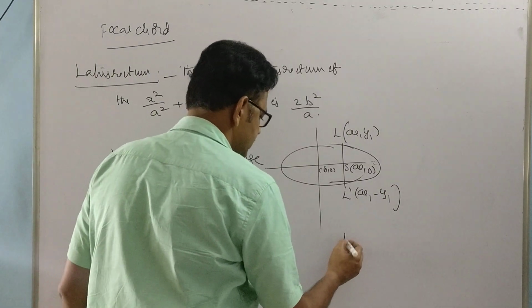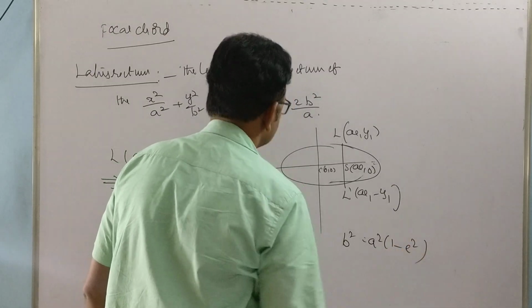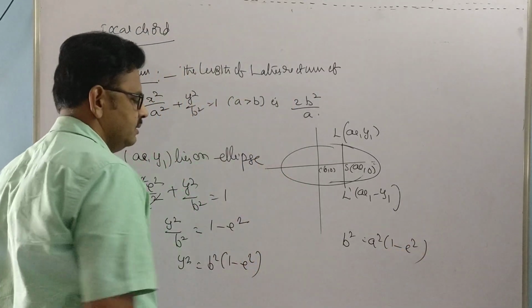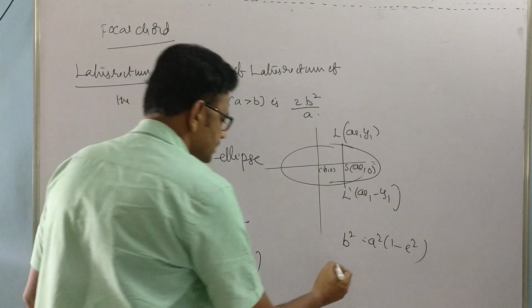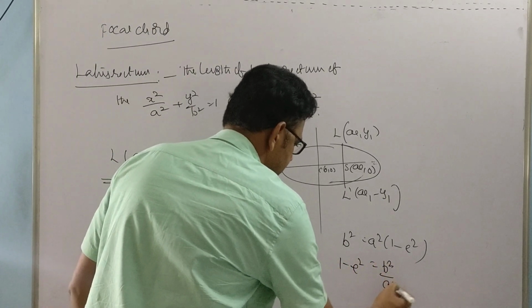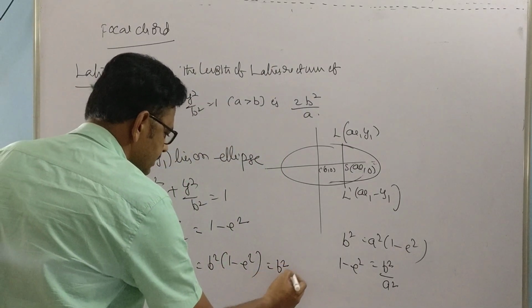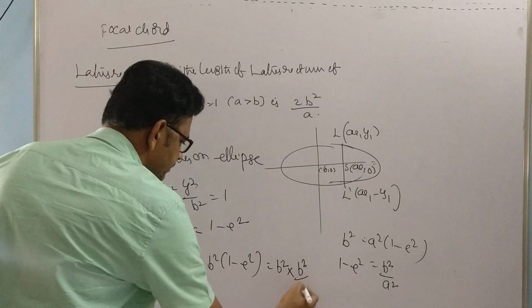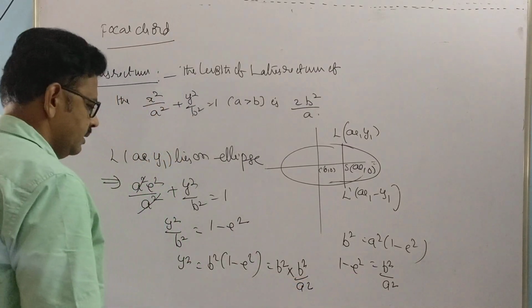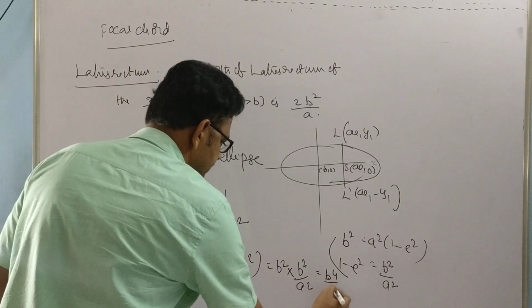We have b square equal to a square into 1 minus e square. If a is greater than b, then 1 minus e square equals b square by a square. So this is equal to b square into b square by a square, that is b power 4 by a square.